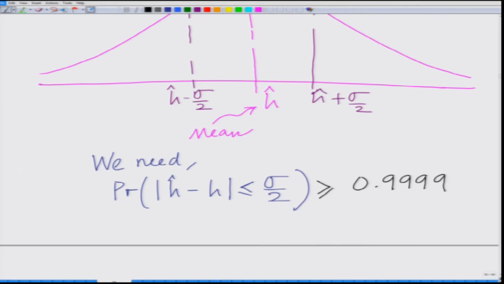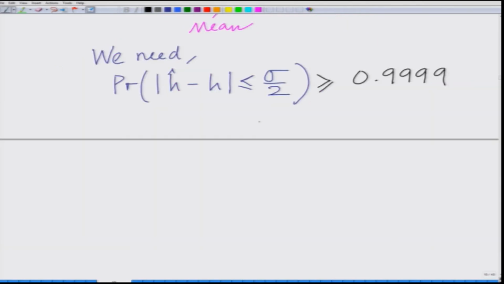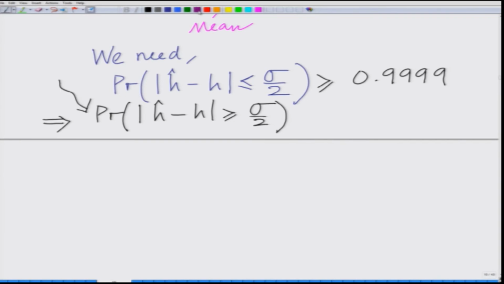Okay, fine. Now this implies that the probability that h lies outside the sigma by 2 ball, that is, the probability that magnitude h hat minus h is greater than or equal to sigma by 2, is small.